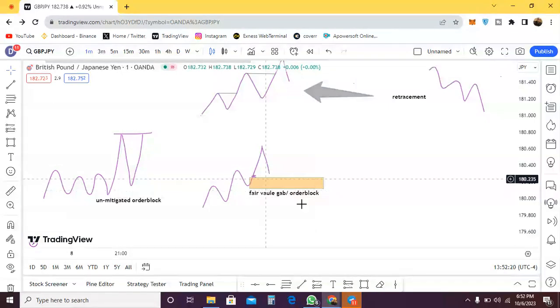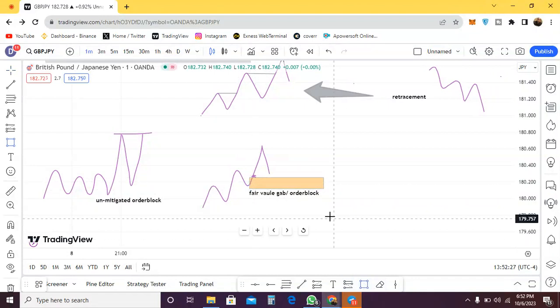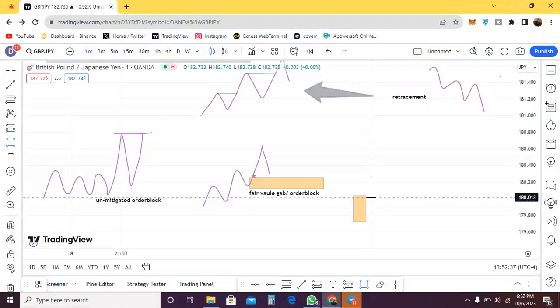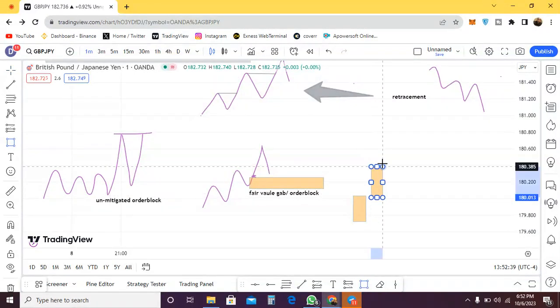Now, why would I put fair value gap or order block? Let me just quickly explain what a fair value gap is. Let's say we have three candles: candle one, candle two, and candle three.